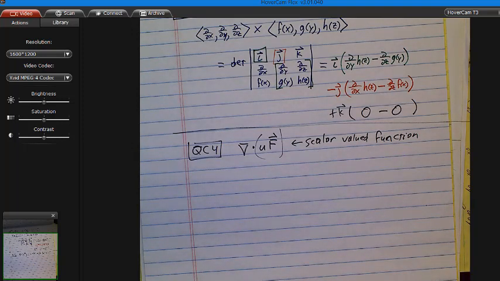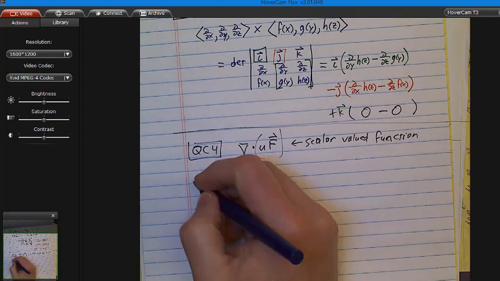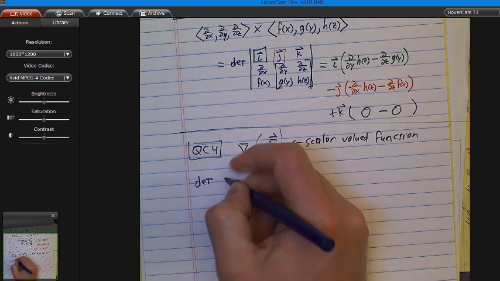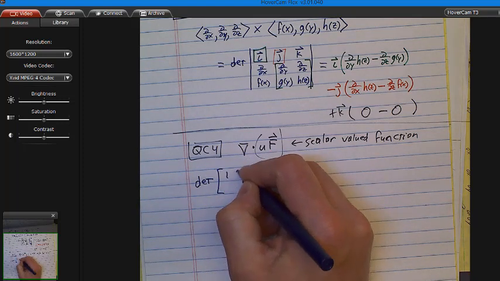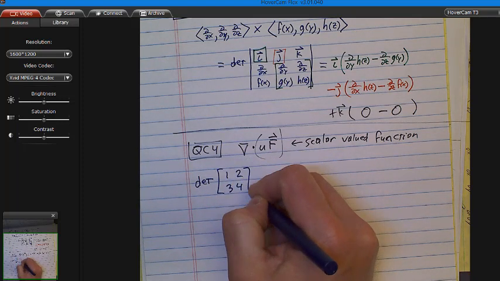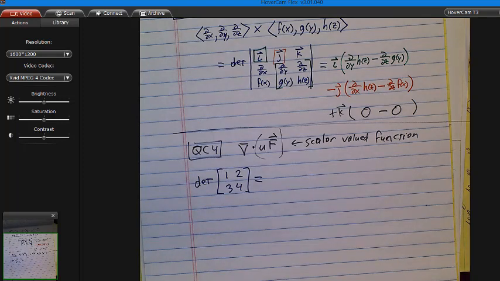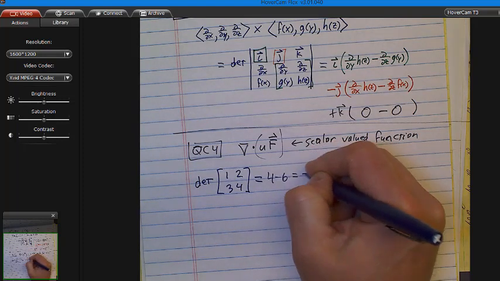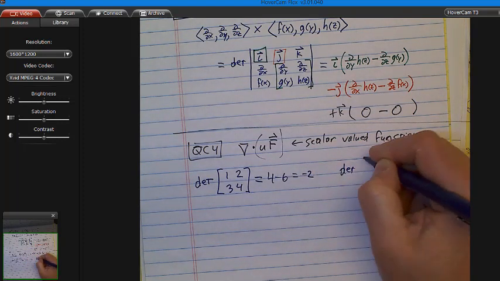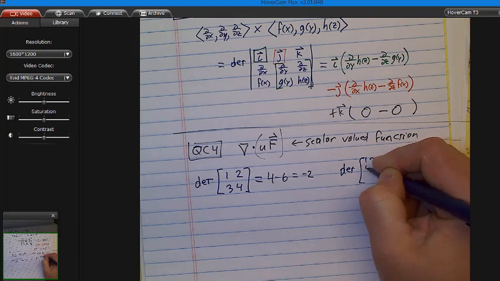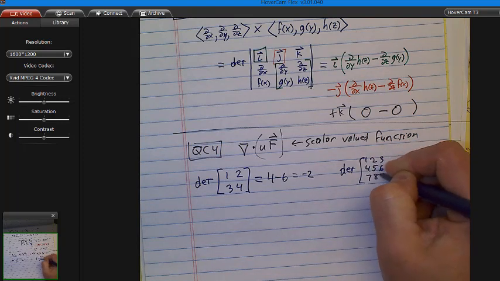Let me compare it to something you guys have seen before. I taught it to you guys, even though it's not part of this class particularly. What's the determinant of that matrix? It's -2. It's 4 minus 6 is -2. What's the determinant of my favorite matrix? It's 0.